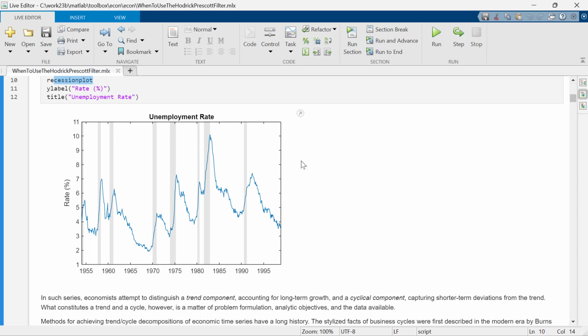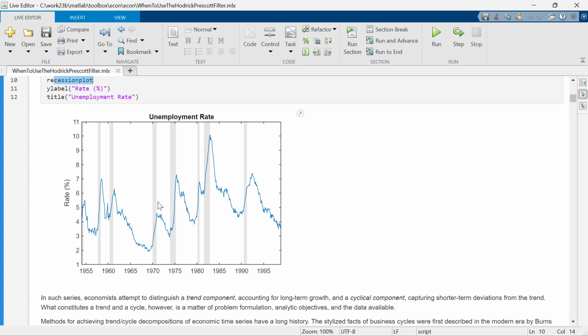are these gray bands that represent historical recession periods in the economy as determined by the National Bureau of Economic Research, which has for a long time been the kind of final arbiter of what constitutes the beginning and the end of a recession period in the U.S. economy.